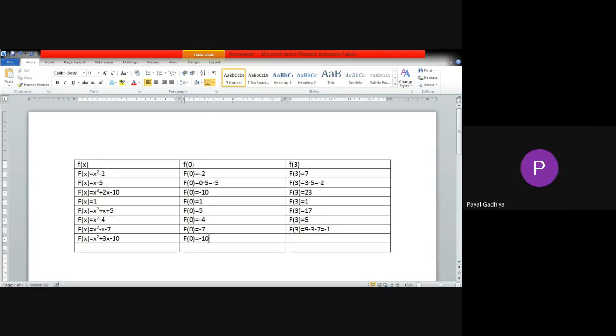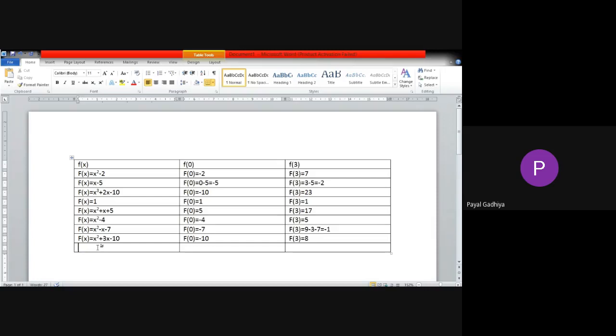And f of 3 is equal to 8. 3 square will be 9, plus 3 threes are 9, so 9 plus 9 is 18, minus 10 is 8. Yes, it will be 8. Okay, very good, Nikunj.